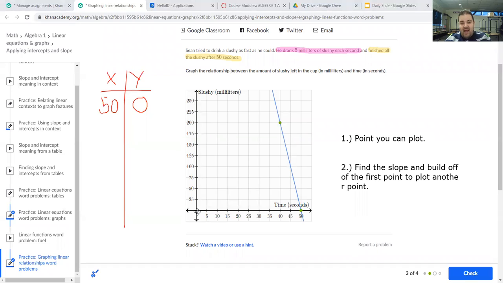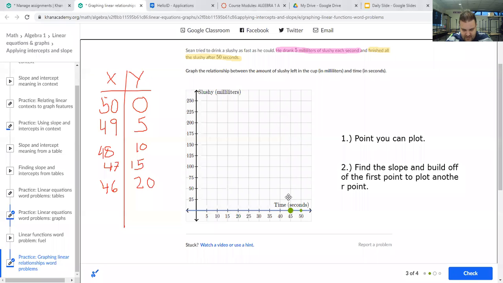If I were to work backwards in time, 1 second prior to that, there was 5 milliliters of slushie. 1 second prior to that, there was 10. 1 second prior to that, there was 15. 1 second prior to that, there was 20, and so on. Because every second he's drinking 5 milliliters. So working backwards, every second prior, there was 5 milliliters more of slushie, right?